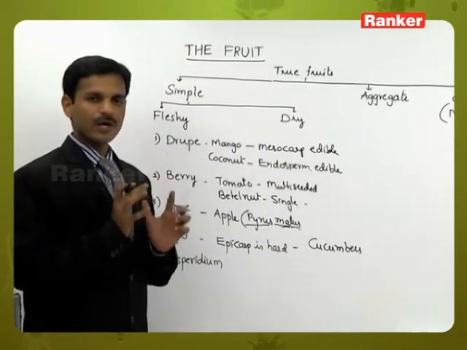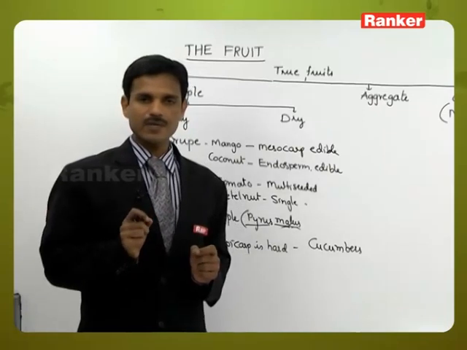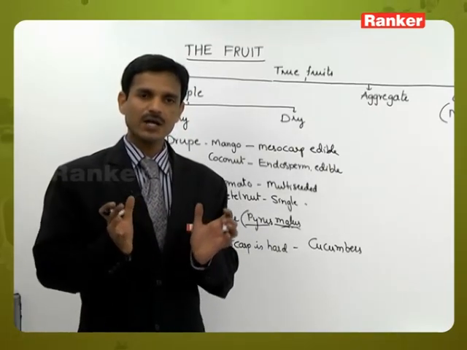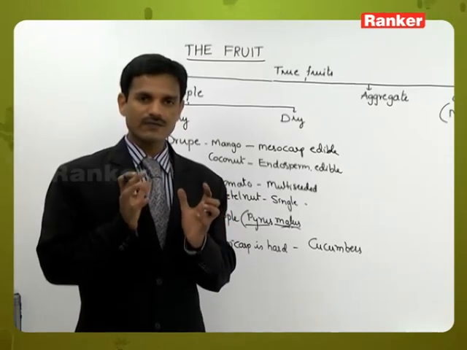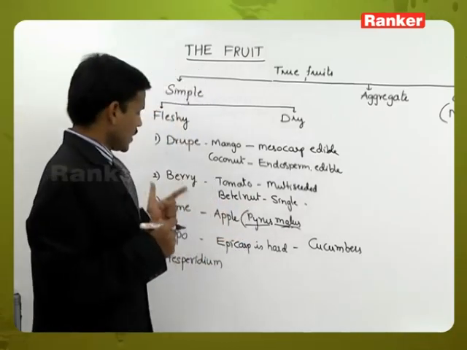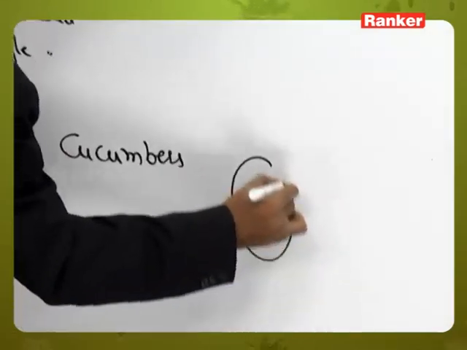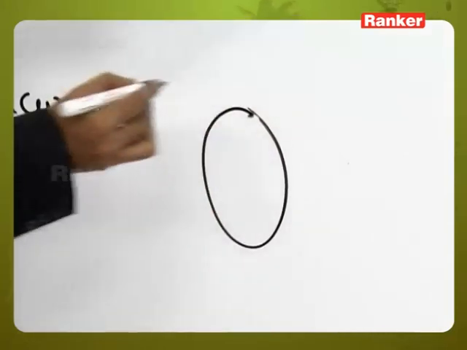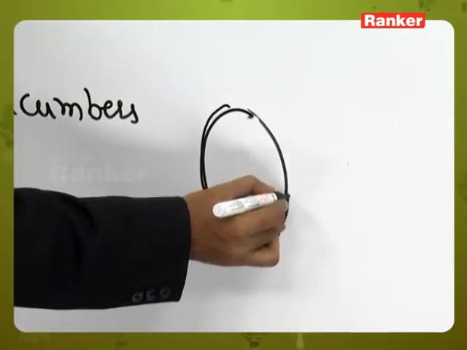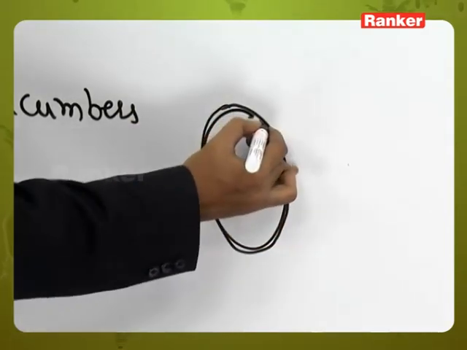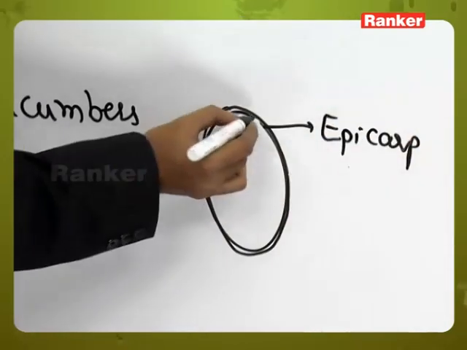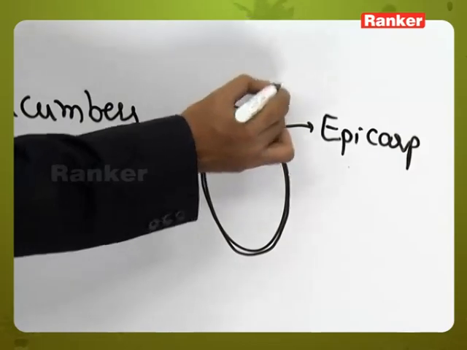In pepo, the epicarp is fused with the thalamus.